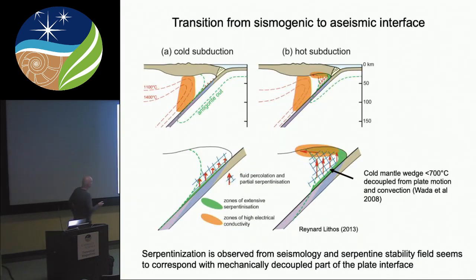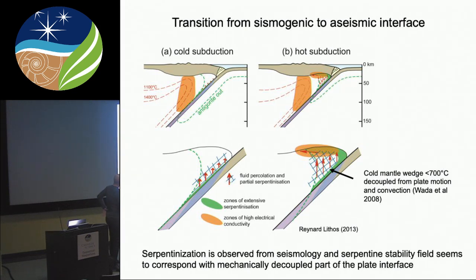So what we've shown is that in hot subduction, we have a lot of serpentinization going on in the fore-arc mantle. This is much lower in cold subduction zones, but we still probably have some serpentinization taking place close to the plate interface. Here we think we have pretty thick, very deformed layers of serpentine on the top of the slab.